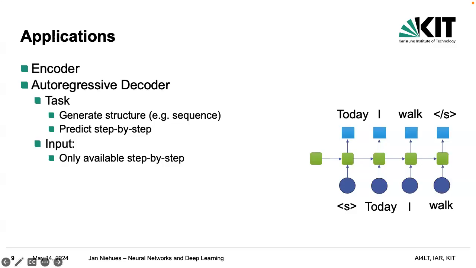There is one big difference you already saw, is that in this case, not all information is there at the beginning. What we typically have is that we get the information step by step, because our new decision depends on the previous decision. That's what people refer to as autoregressive.